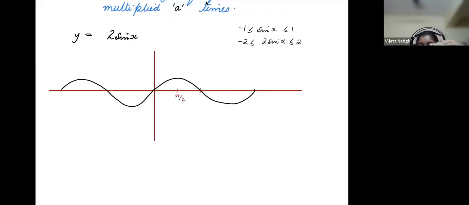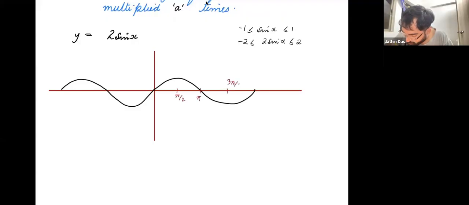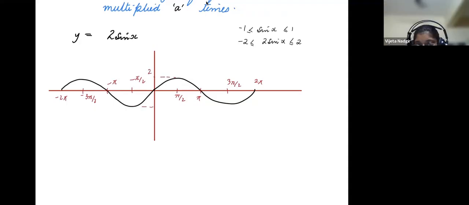Pi by 2 will come here, pi here, 3 pi by 2, here 2 pi, here minus pi by 2, minus pi, minus 3 pi by 2, minus 2 pi. All this is correct, but this will be 2 and this will be minus 2. This will be the change.